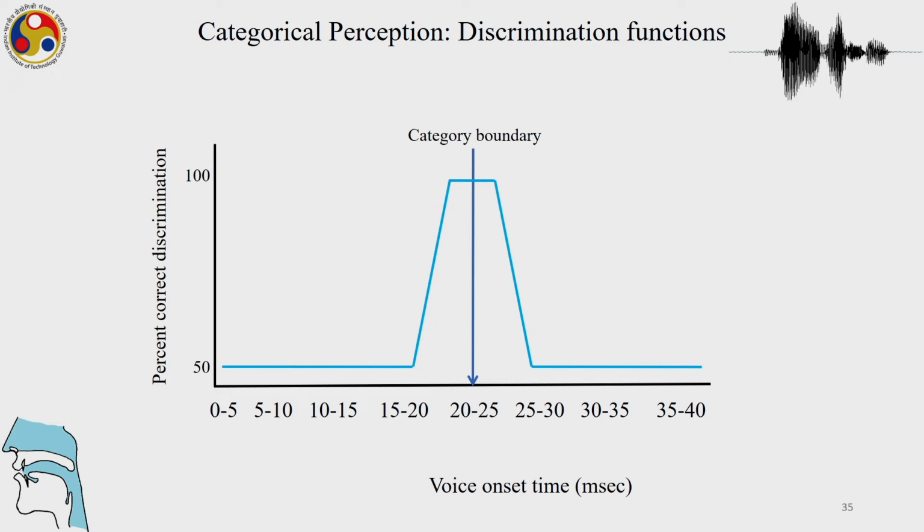Even there the category boundary was the same, between 20 to 25 milliseconds, and percentage correct discrimination, that is whether it's ba or pa, goes up in this region of 20 to 25 milliseconds.